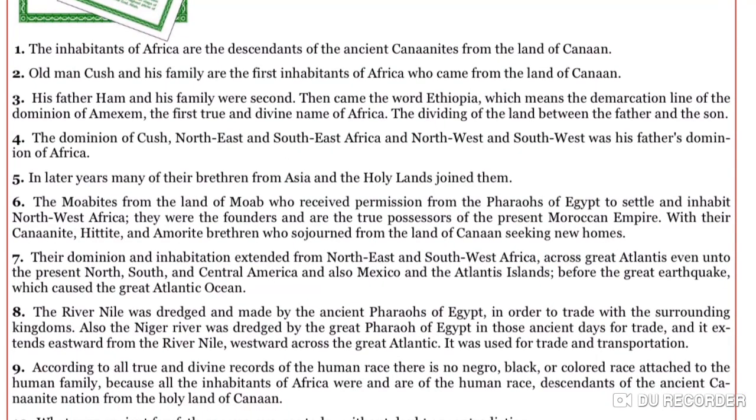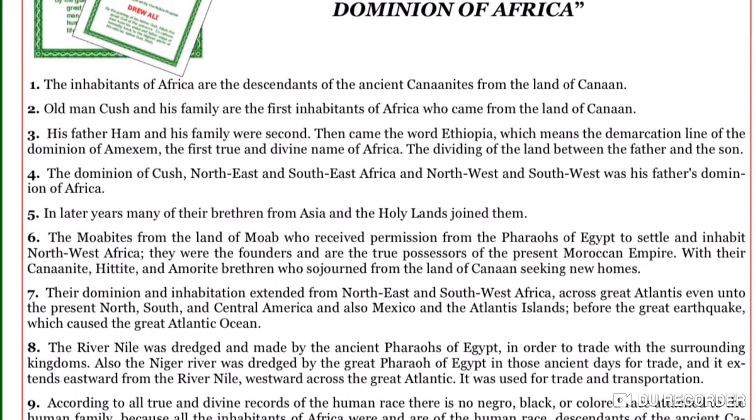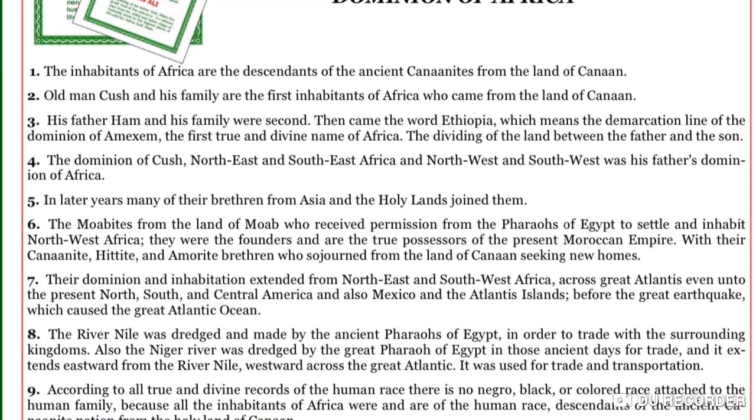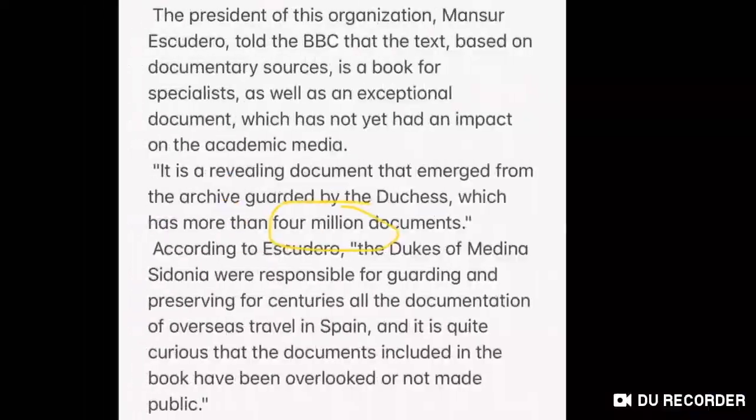In these later years, many of their brothers from Asia, which is a quadrant, and the Holy Lands, which is a quadrant, the Moabites from the land of Moab, which is in the Holy Lands, who received permission from the pharaohs of Egypt, which is also in the Holy Lands, inhabited Northwest Africa. That is why he put this part in it, because he's talking about the Moorish Americans and their history. And that's why Northwest Africa sits dead smack in our quadrant.